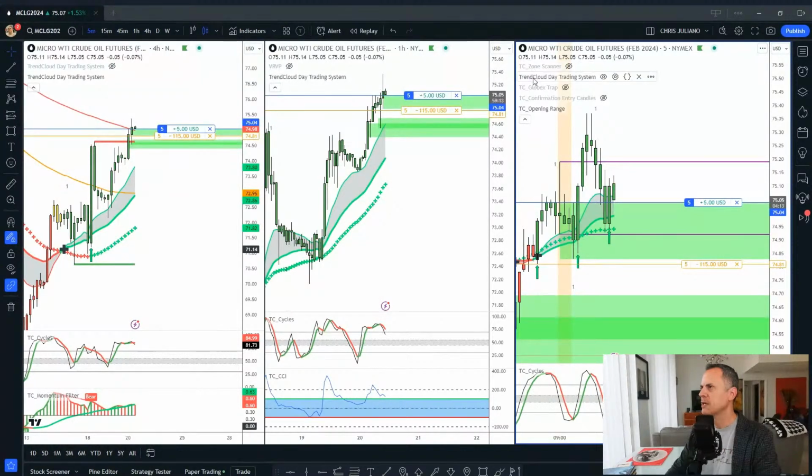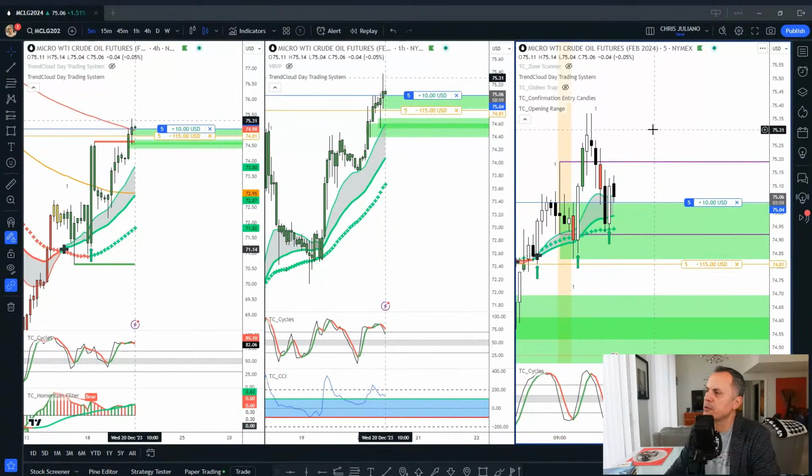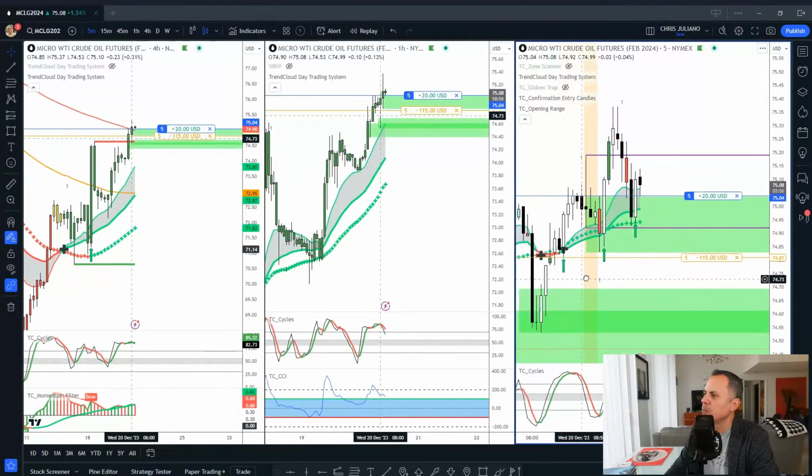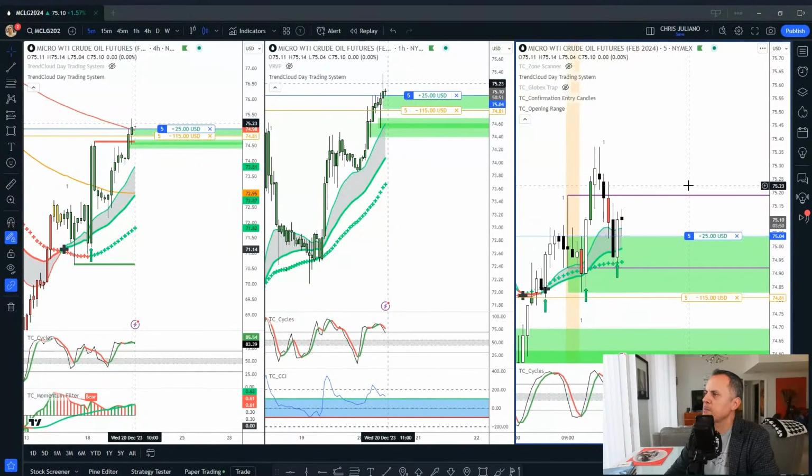Let's take a look, do we have any confirmation entry candles? Okay, so we do have this downward confirmation entry candle here. We want to start seeing some green candles being formed, right? But look, here's your low. Here's a higher low, very nice, right?